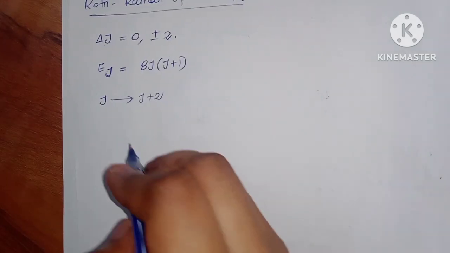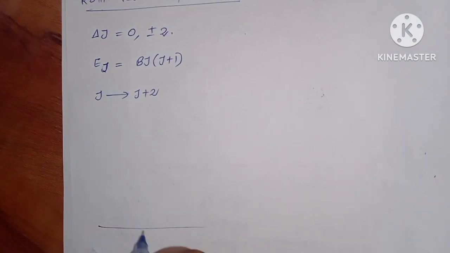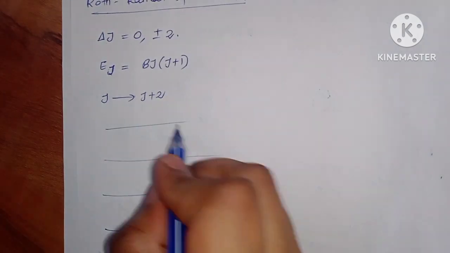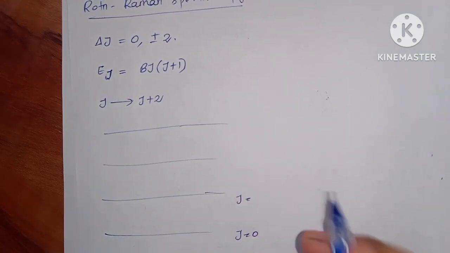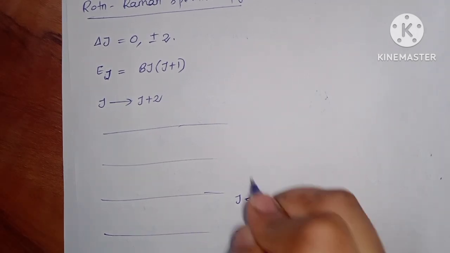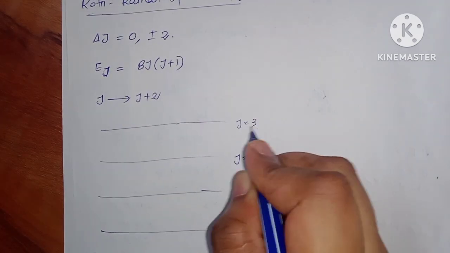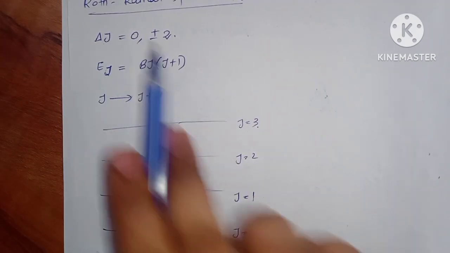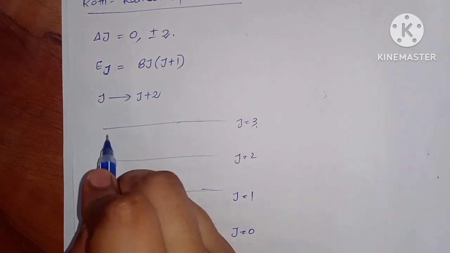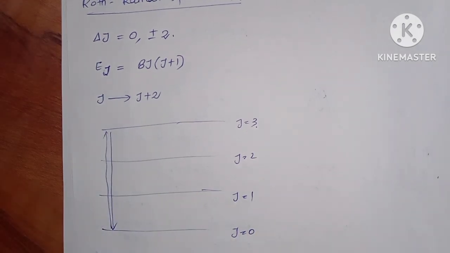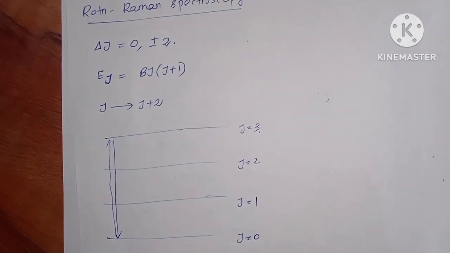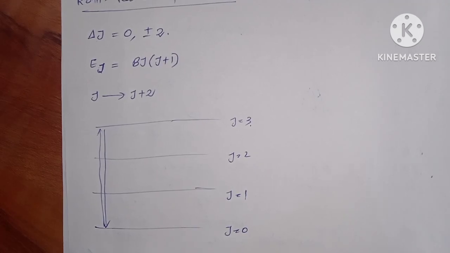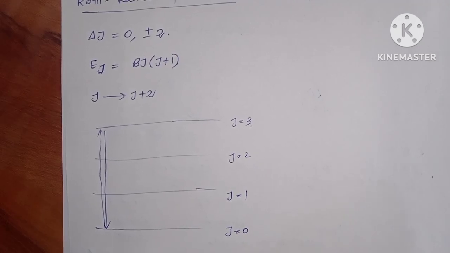Let's draw a picture. We are considering rotational levels during Raman transitions: J equal to 0, J equal to 1, J equal to 2, J equal to 3, etc. Delta J equal to 0 means it starts from 0 and comes back to 0 itself. Delta J equal to plus 2 means final minus initial should be equal to plus 2.